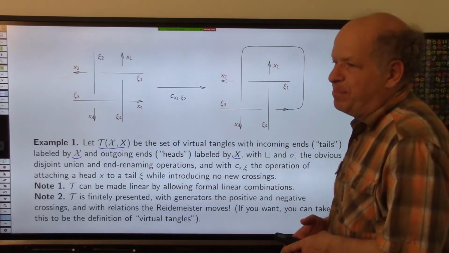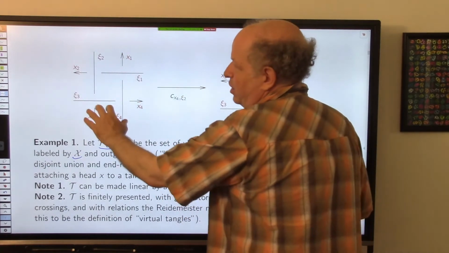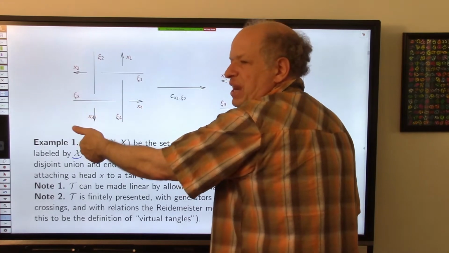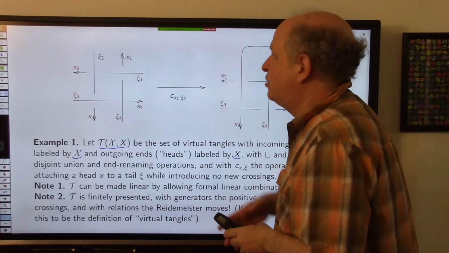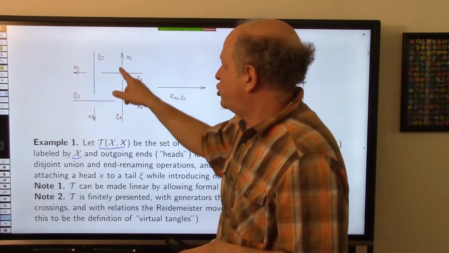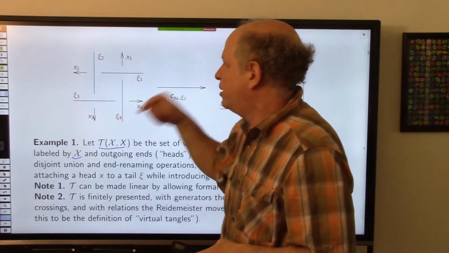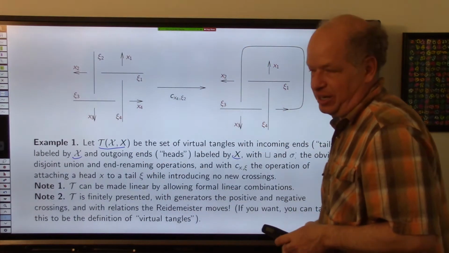So for example, here is a tangle. A tangle is a piece of a knot drawn in a piece of the plane. So here is an example. The incoming strands are labeled by Greek letters, xi1, xi2, xi3, and xi4, and the outgoing strands are labeled by Latin letters.